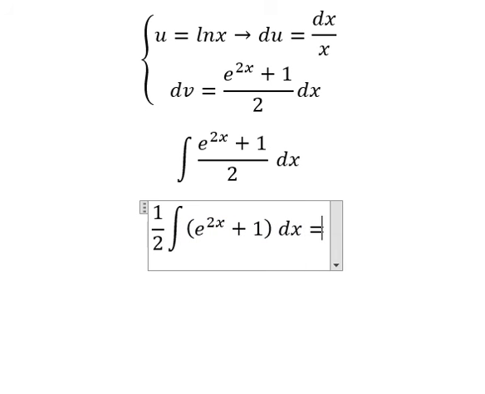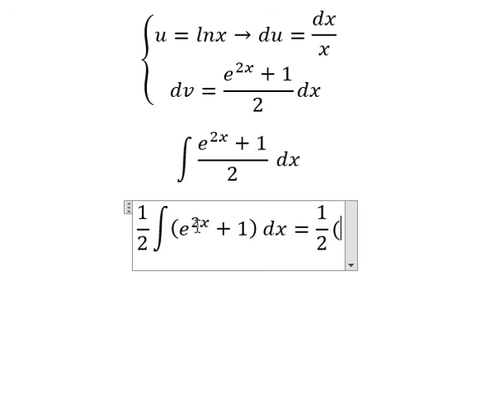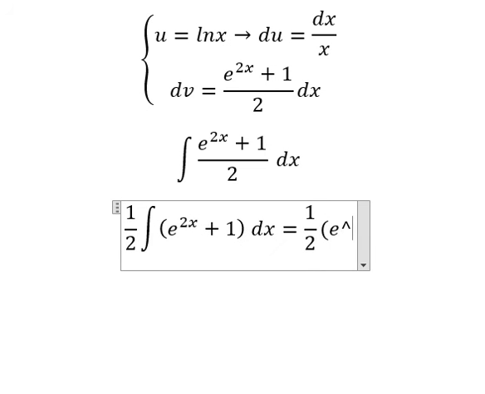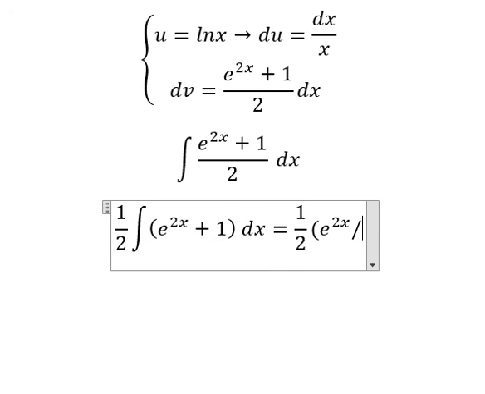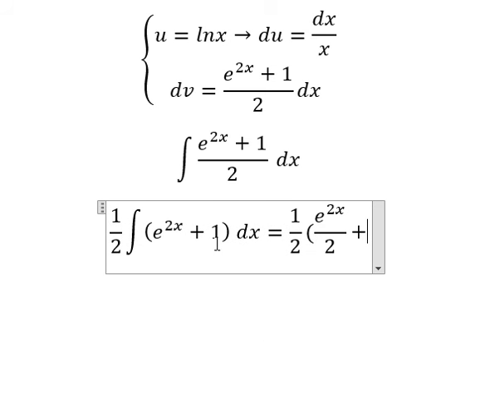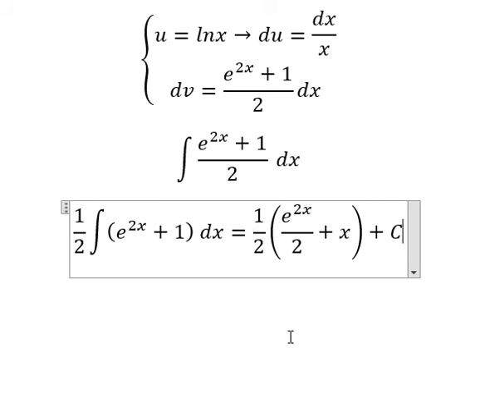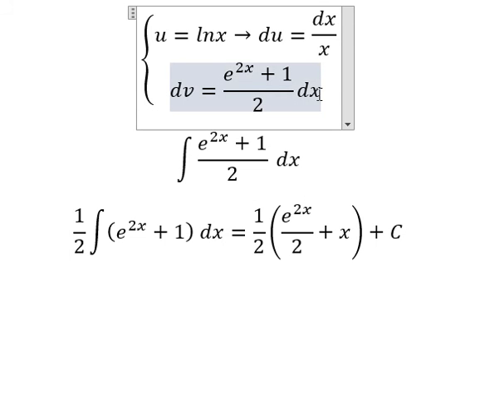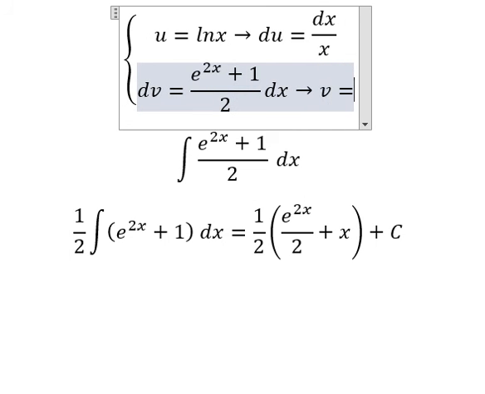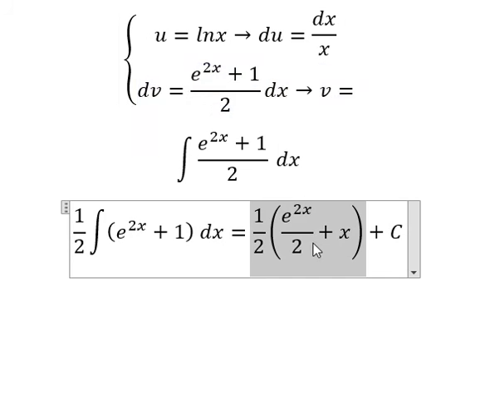So the integration of e to the power of 2s, we have e to the power of 2s over number 2. Number 1 that is about s. So we have v equals this one.